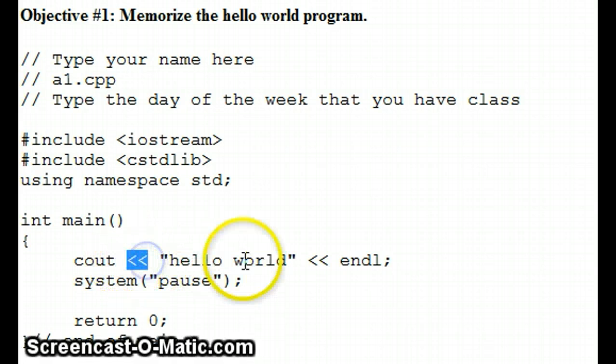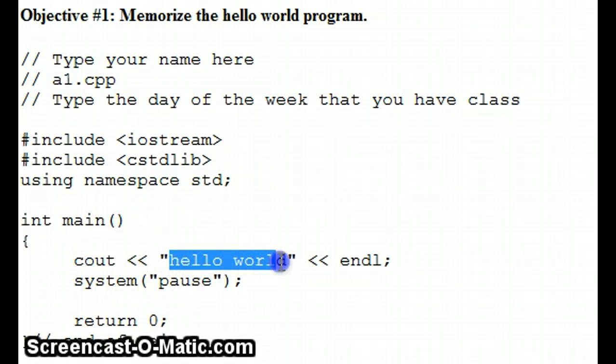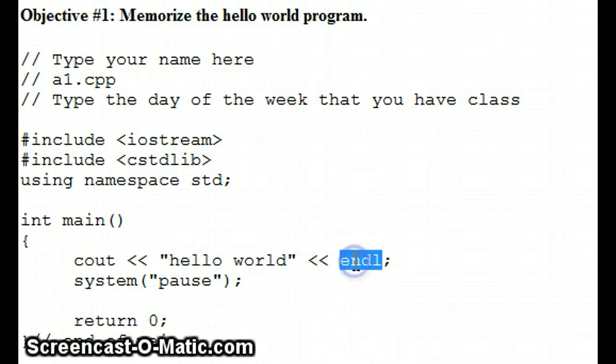The 2 output operators, I'll just call them sets of less than symbols, just need to be there to separate the cout from the phrase that you're printing, and endl, which means end line. That's sort of equivalent to pressing the enter key on the keyboard to move your blinking cursor down to the next line. It's just good style to have it there in this particular program.